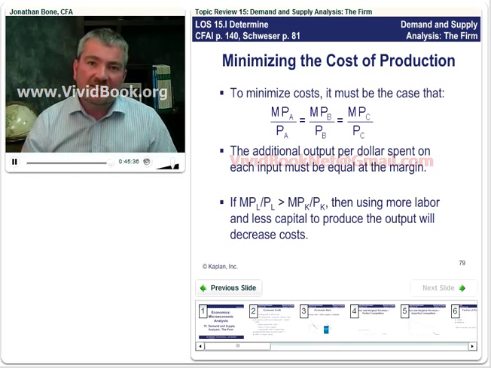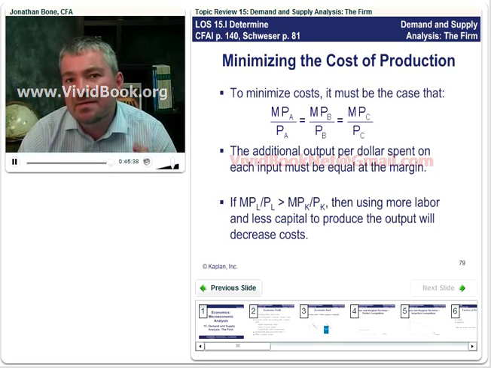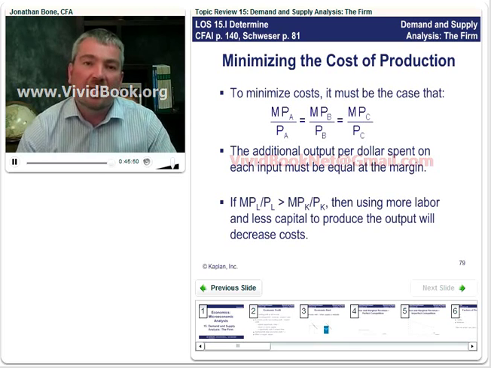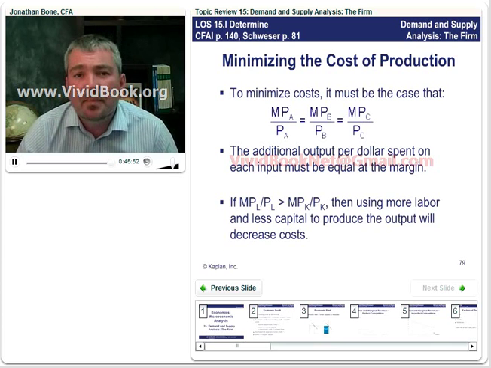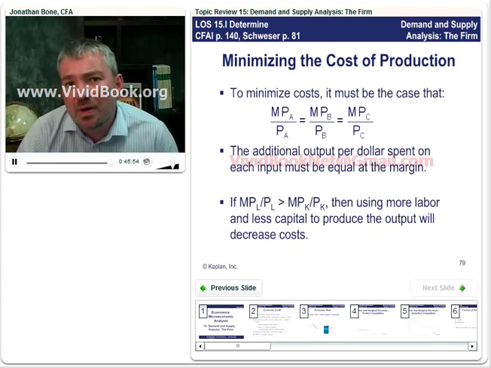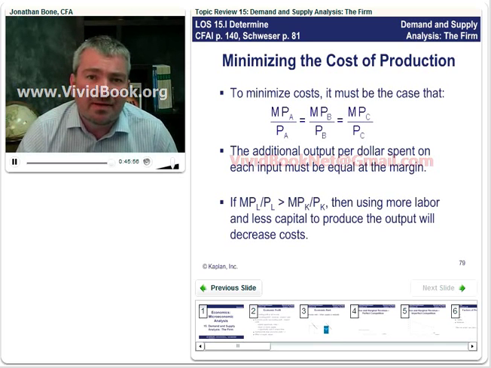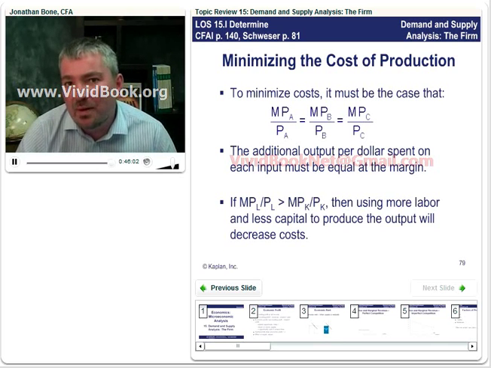Again, interpret these phrases. Marginal product divided by the price of labour essentially is giving us a dollar return on labour. Marginal product of capital divided by the price of capital is giving us a dollar return on the capital that we're employing per dollar spent. So, in other words, if the marginal product divided by price of labour is greater than the marginal product of capital divided by the price of capital, then keep on employing more labour.